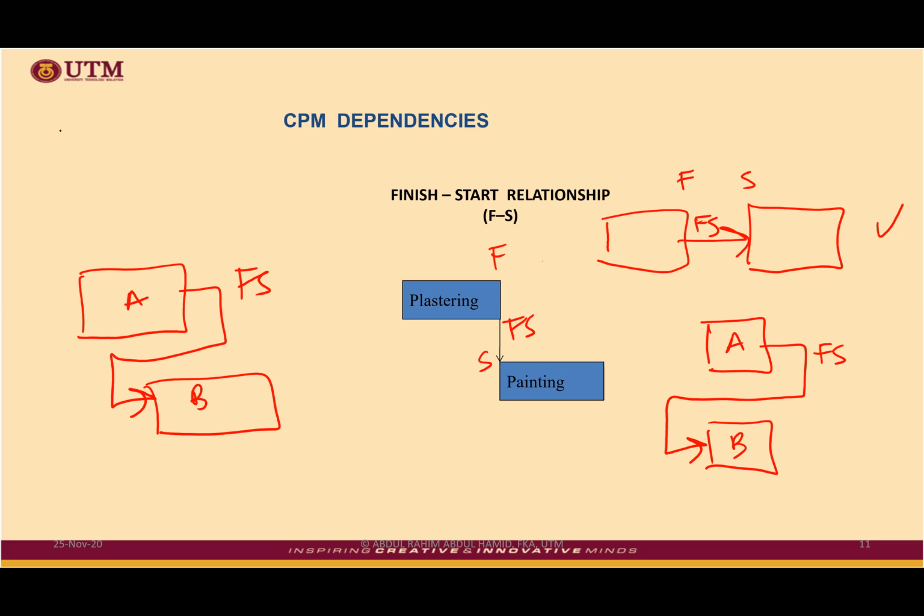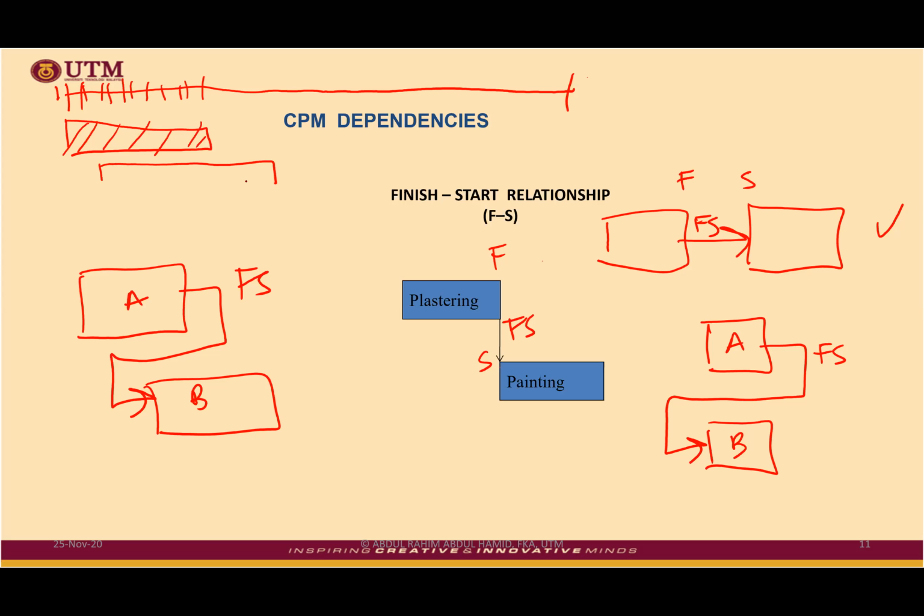But when you draw a bar chart, you have to be very careful, because a bar chart has what we call a time scale, from day number 1 until the end of the project. So when you draw the Gantt chart, you must follow exactly the location of the days. These indicate different things, because at the end of the day you want to know when activity B is completed, based on the time scale.